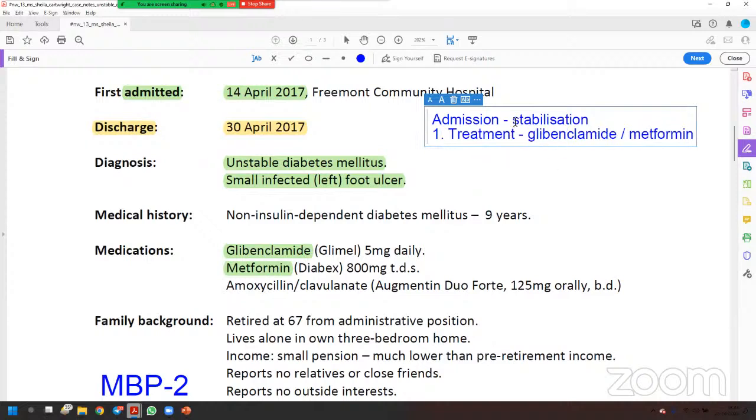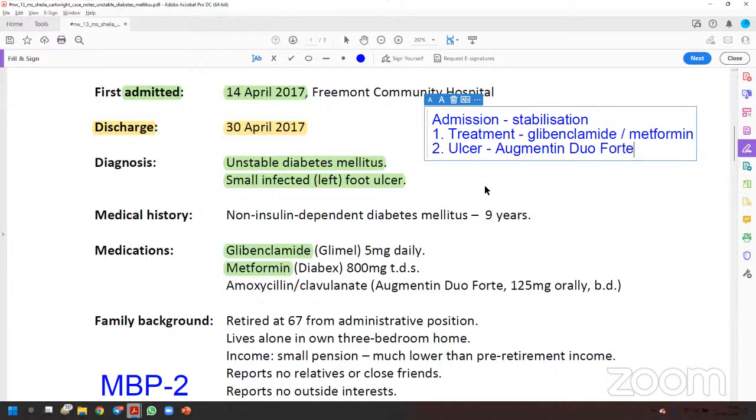Okay. Admission number 1, stabilization. Next, number 2. Number 2 is ulcer. So you can say that as 2. What you are using for ulcer here? You are taking this Augmentin Duofort.